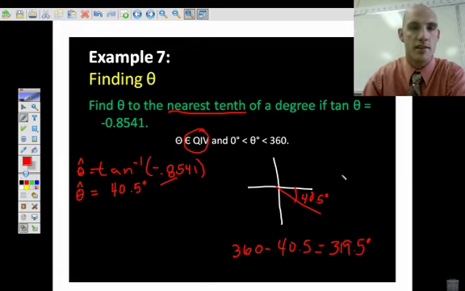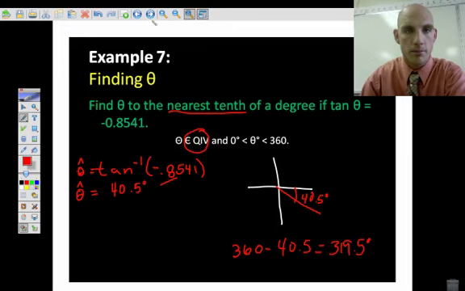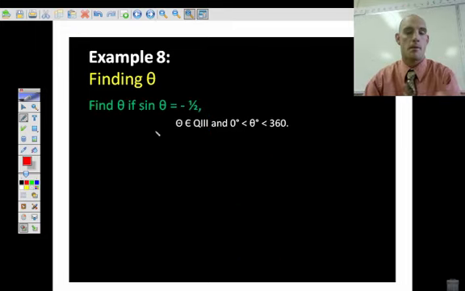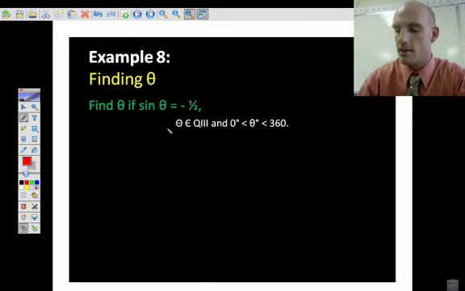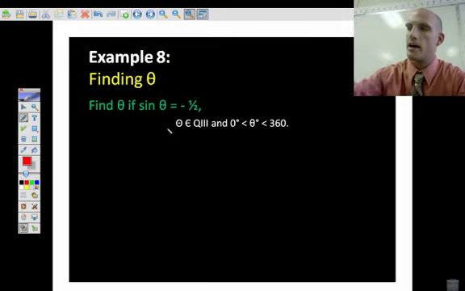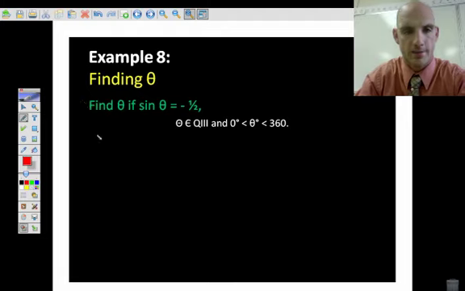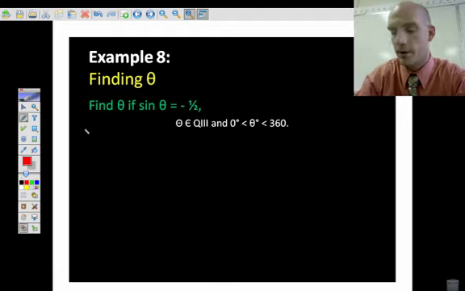Okay, this is how this works. It's really pretty simple because we just need to remember that we're finding theta hat. And so go ahead and try this one on your own. And if you need a little bit of guidance, I'm going to go ahead and do it. If you want to pause, that's perfectly fine.